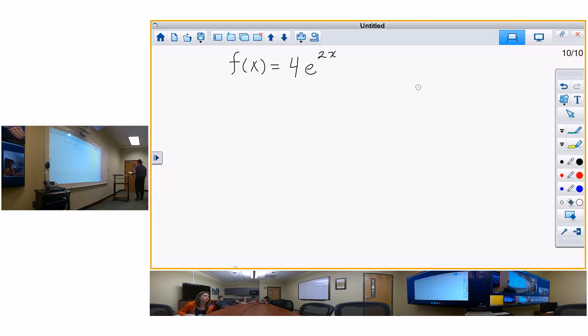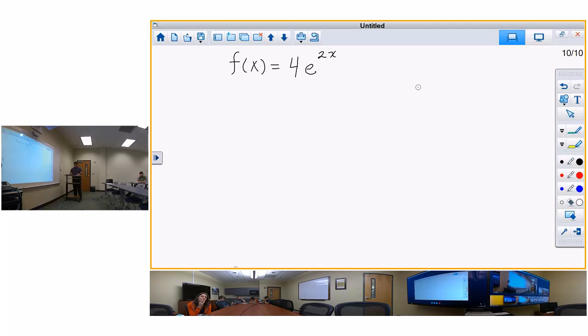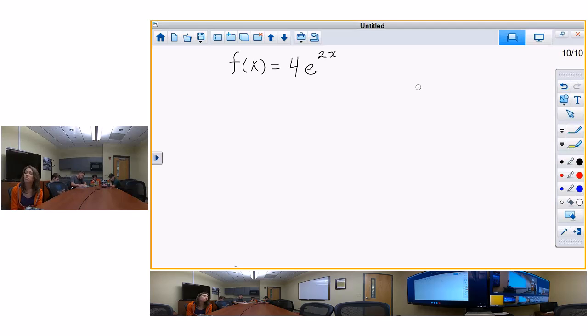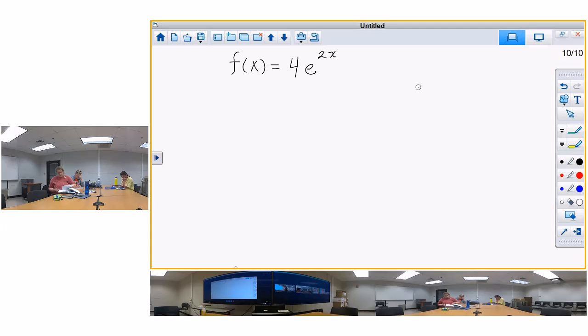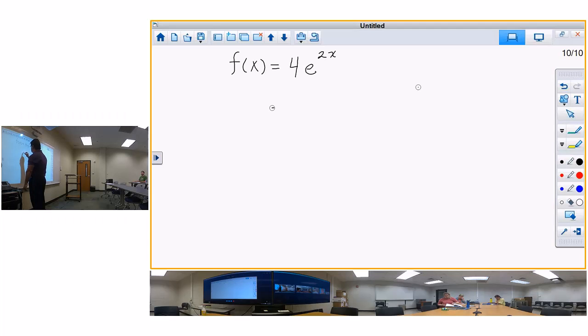Again, you could use the product rule, but all you got to do is pull that 4 out to the front and just take the derivative of e to the 2x. And actually, it shouldn't take you but a few seconds. 4, and I'm going to put a parenthesis here because I'm going to take the derivative of e to the 2x.